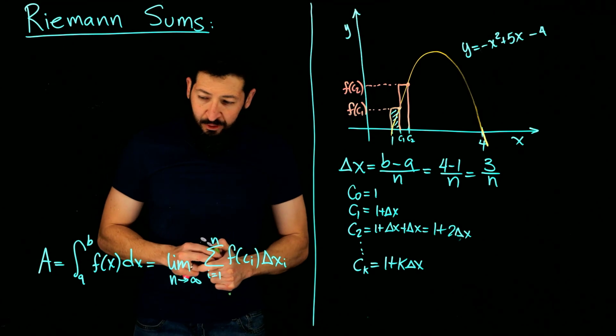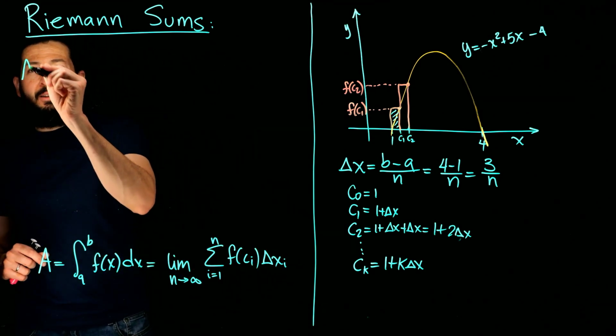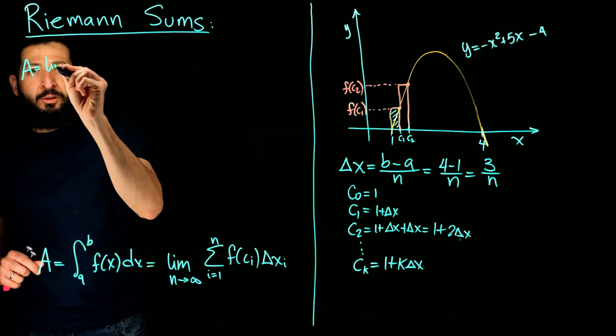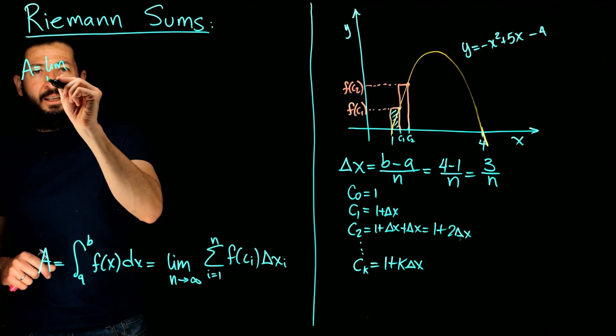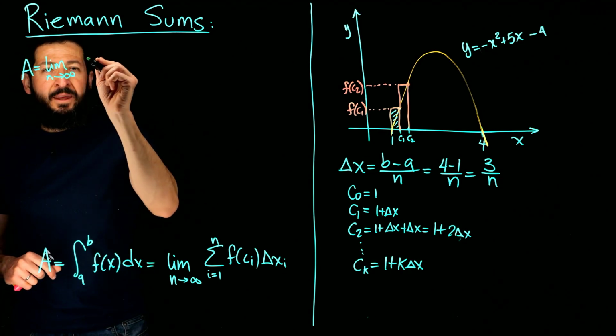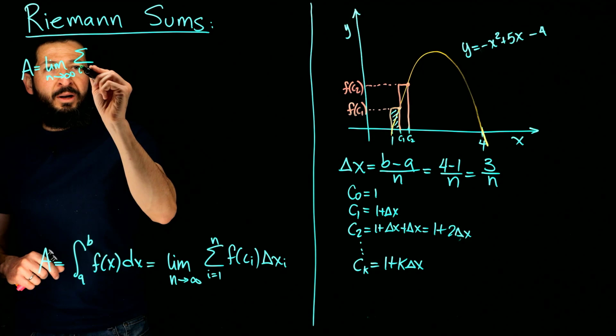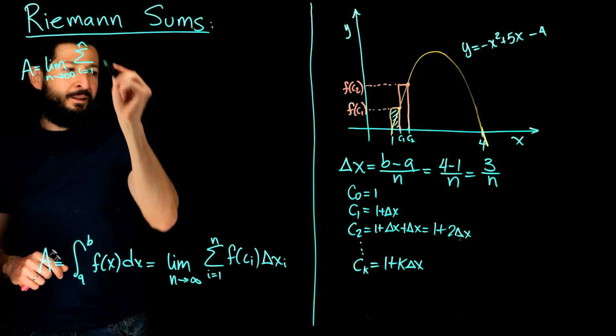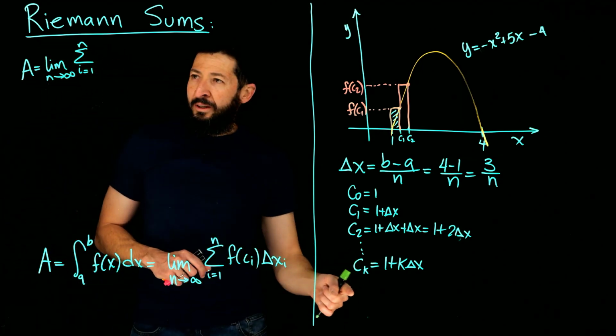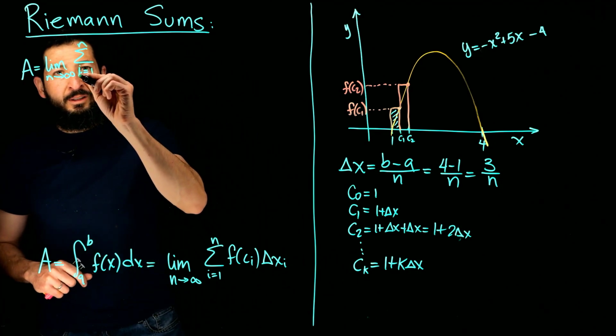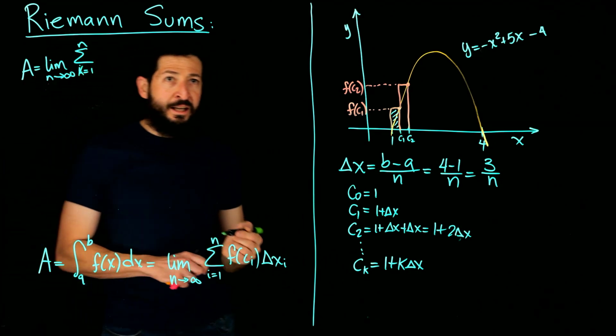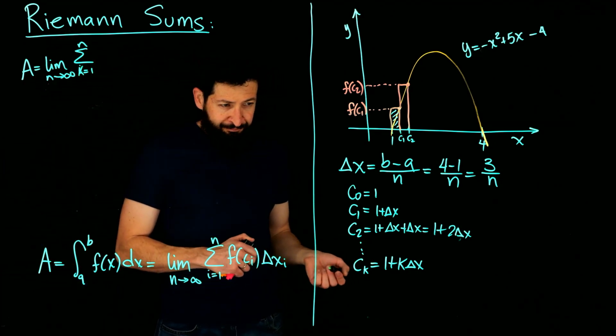All right, so let's write down the area. Then it will be the limit, copying from below, as n goes to infinity, of the sum from i equals 1 to n. I called it k here, so maybe I should call it k here as well. Just change the name of the counter. It doesn't change anything at all. It's okay.